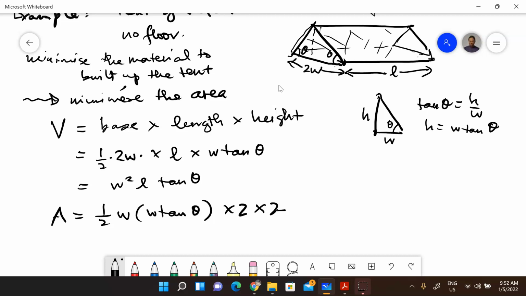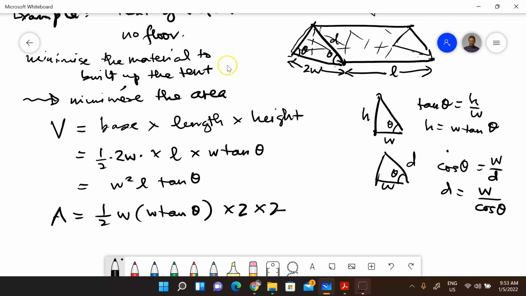Okay, so that is the triangular shape, and then I need to find the one with the rectangular shape. For the rectangular shape, you have to find the length here. Let's say this is the length d, so I need to find what d is. So this is theta here, this is w, and I know cos theta will be w over d, so d will be w on cos theta.